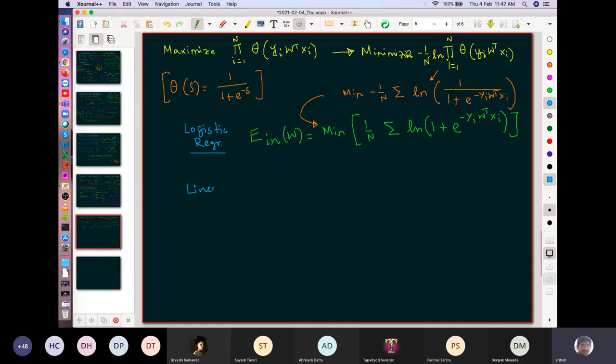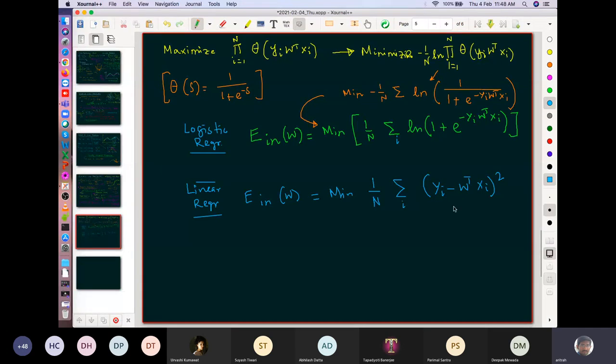Earlier in my linear regression, I did the same thing while I was minimizing 1 by n summation over i of this.